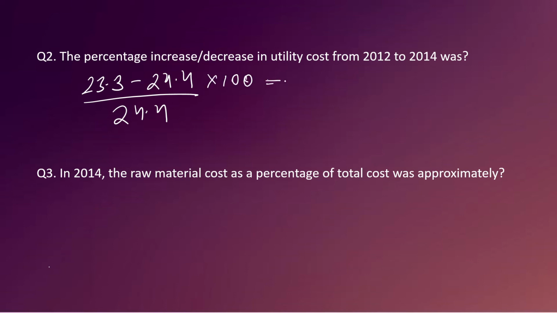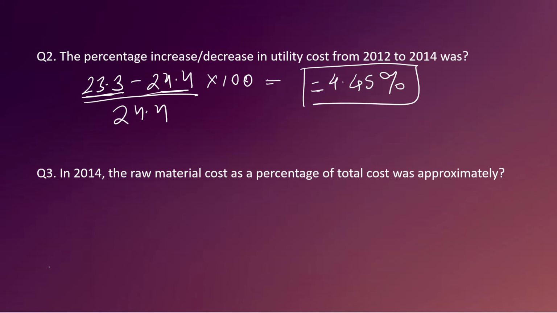So this would give me a negative of 4.45 percent. This will be your answer. You can see the negative sign because it is decreasing from 2012 to 2014, so there is a negative decrease.